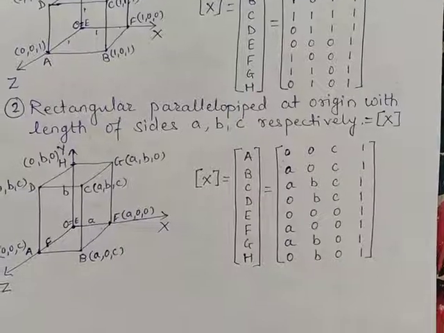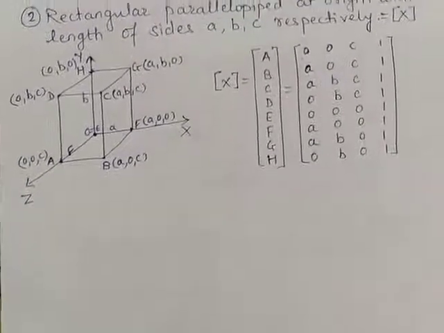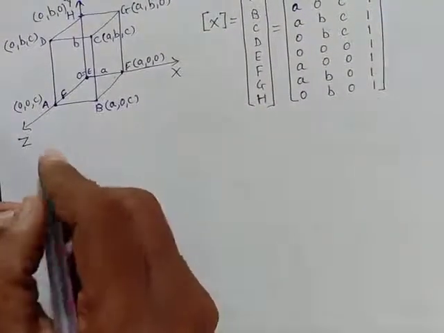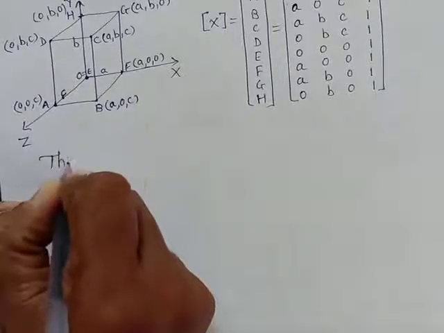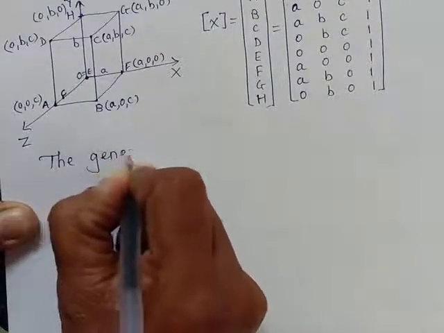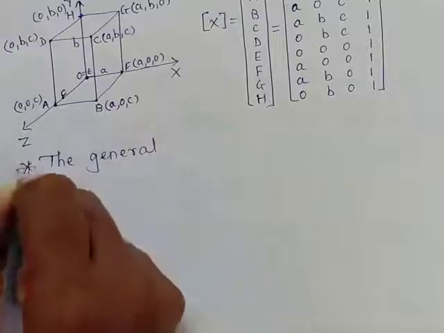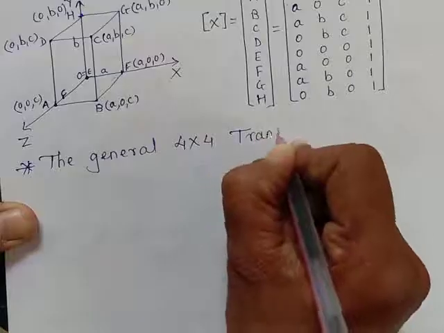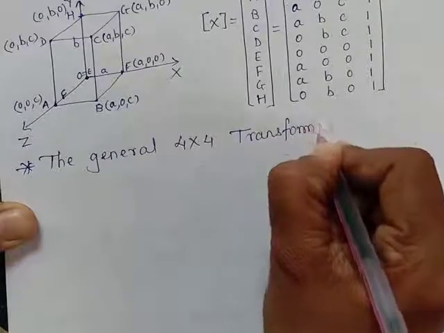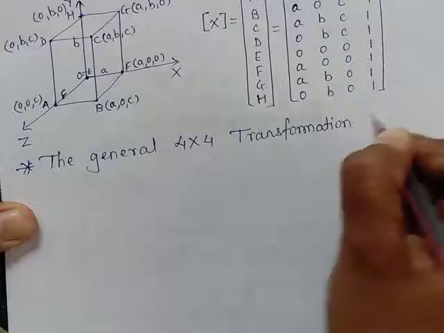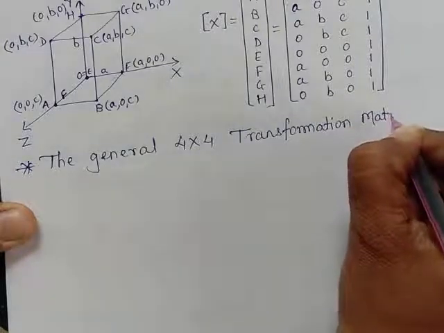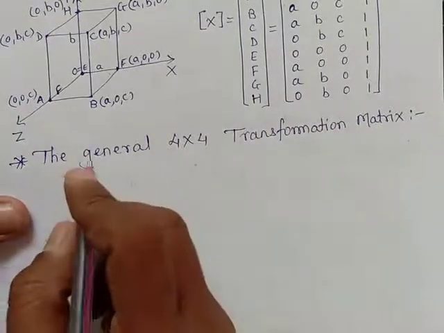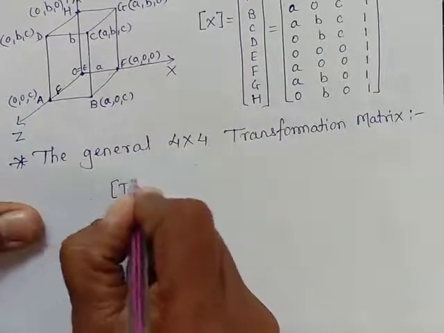Now the next part, the general 4x4 transformation matrix in three-dimensional space. The general 4x4 transformation matrix. So what is it?